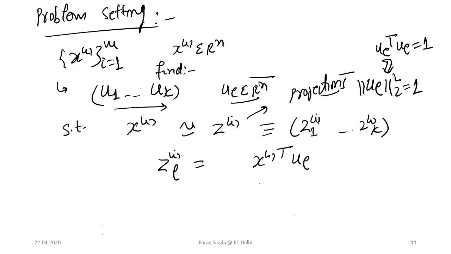This zil is the magnitude of that projection, and the entire zi is represented by k such projection components. As we will see, we want to find such u1 to uk which maximize the variance in these projections, for i from 1 to m, in the new u1 to uk space.